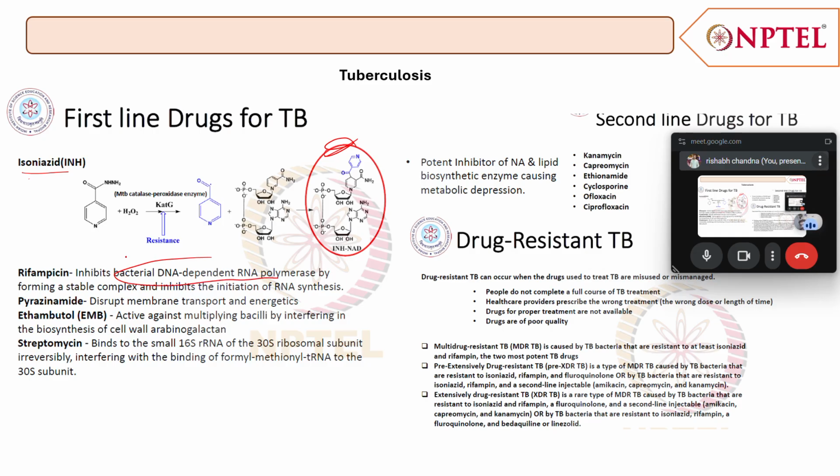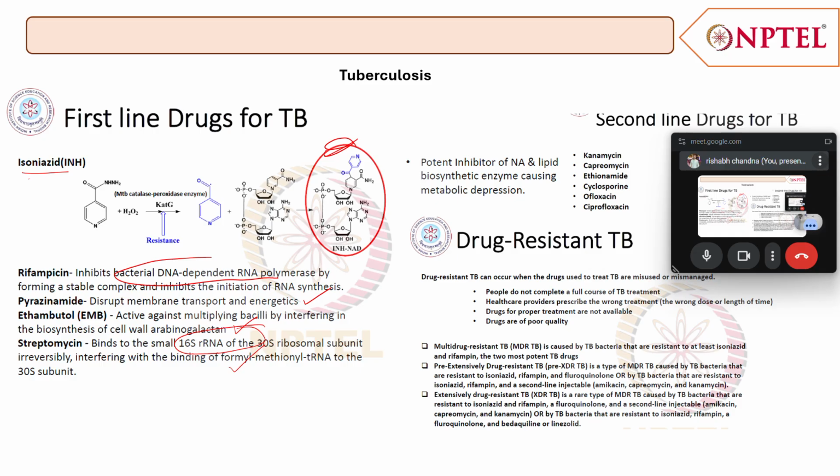Then pyrazinamide, that disrupts the membrane transport and the energetics. Then we have ethambutol, that is active against multiplying bacilli by interfering in the biosynthesis of the arabinogalactan. Then we have streptomycin, that inhibits 16S rRNA of the 30S ribosomal subunit, that interferes with the formyl methionine tRNA, that is the first residue for the protein synthesis.